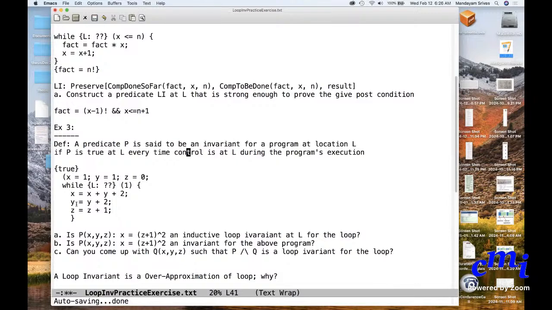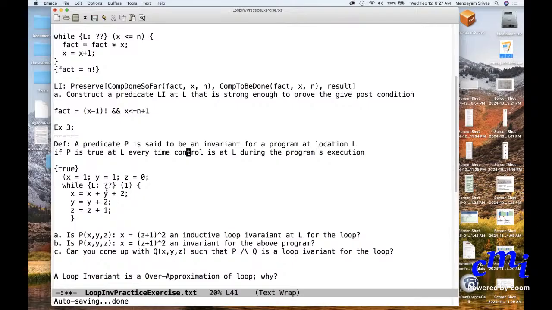And that is also important because the way x changes is dependent on y. So you need the intended relationship between x and (z plus 1) whole squared, which is being captured by the loop invariant, and it is somehow dependent on how x changes, which itself is dependent on y.